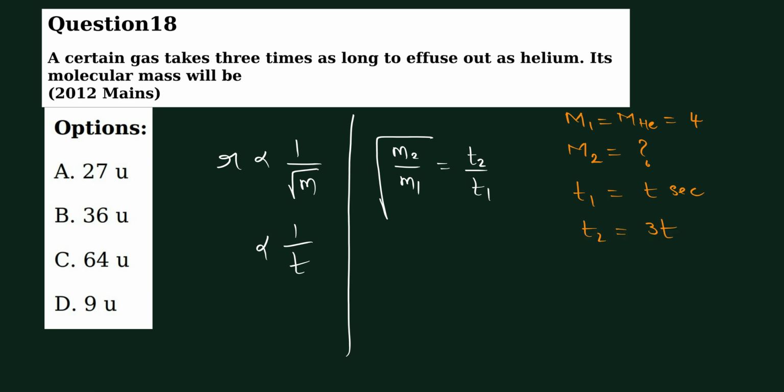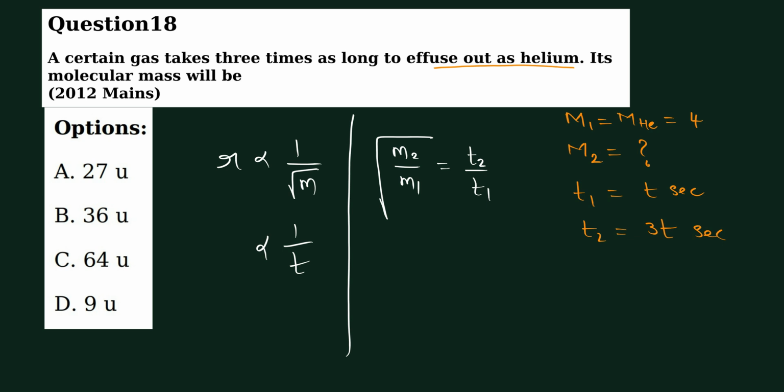The time taken to effuse the other gas, T2, compared with the helium, is 3 times the time taken by helium. So the helium gas effused in T seconds, the unknown gas effused in 3 into T seconds as per the question. Just substitute all values in this formula.